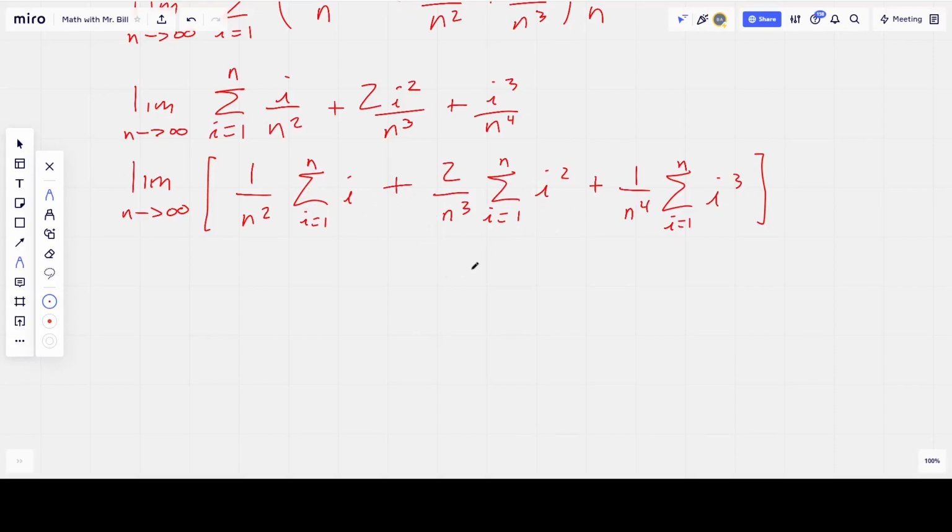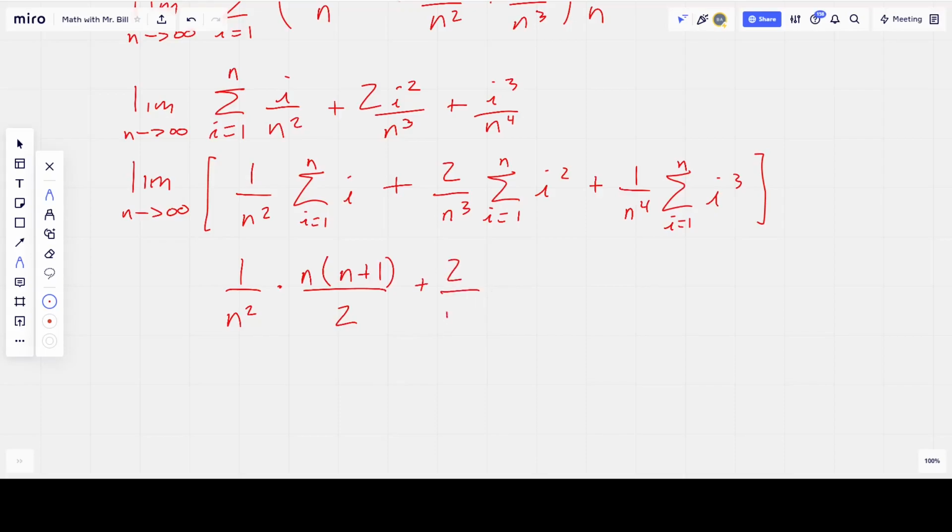Now each one of these summations has a formula, and usually they're written down in your book somewhere. It's going to be something you have to memorize, or if you get a note card, put it on your note card. The summation of 1 is n, the summation of i is n times n plus 1 over 2.